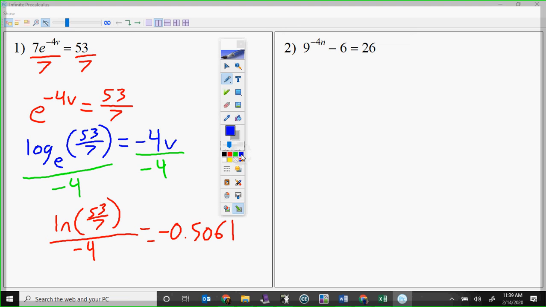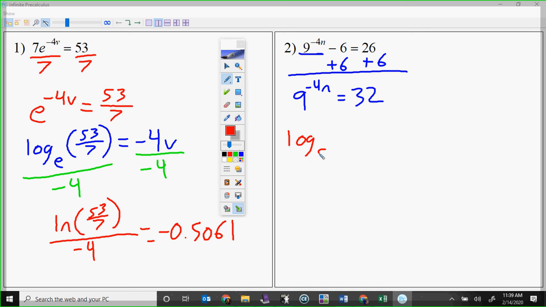If I try number 2, here's what I want by itself, and I have that minus 6 there, so I'm going to add 6 to both sides. 9 to the negative 4n equals 26 plus 6 is 32. Change to log form.